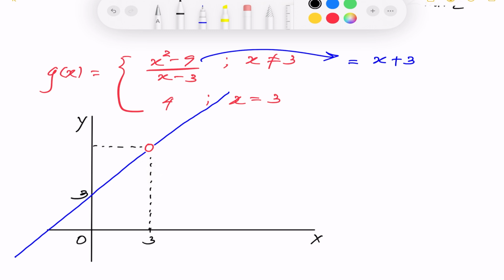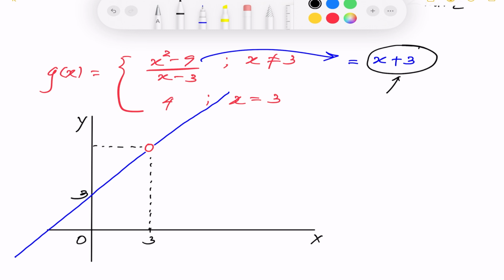Well, when x is equal to 3, I cannot use this equation, but I need to know the approximate height right here, which can be found simply by plugging in some value such as maybe 3.000001 or 2.9999999 for this equation, x plus 3.